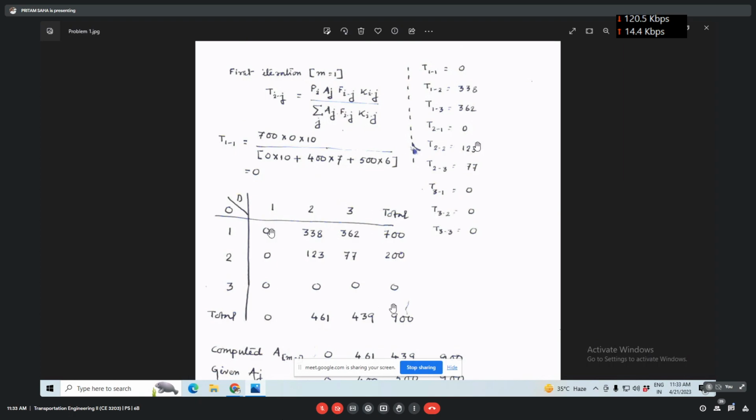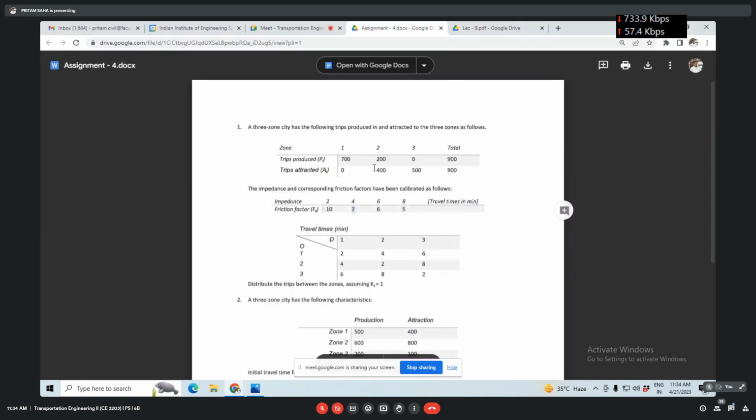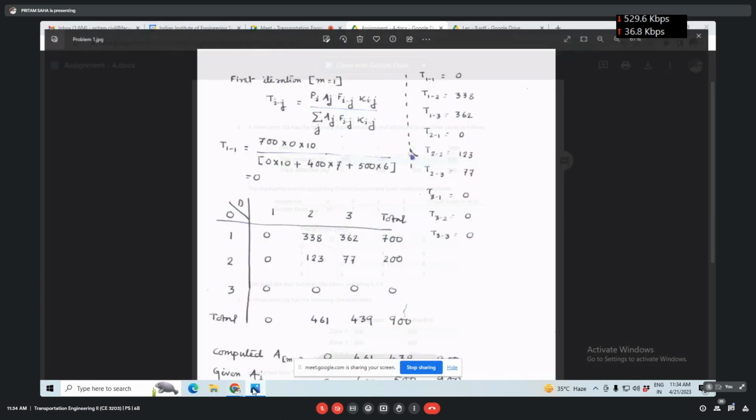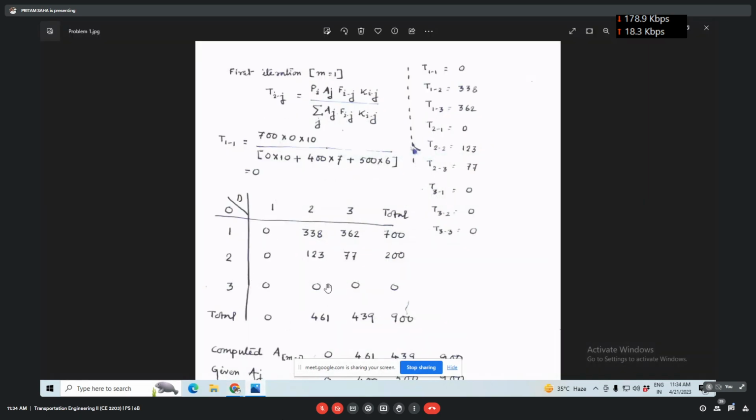Now the interesting part is, if you take the sum of all values along each row, you will see that these values are exactly equal to what you had in your initial problem dataset. But if you take the sum of these values along each column, you will see that these values are different from what you had in your problem statement.